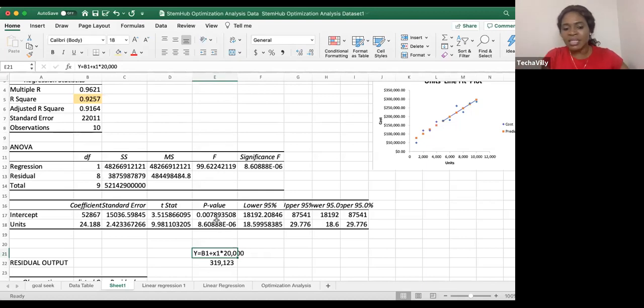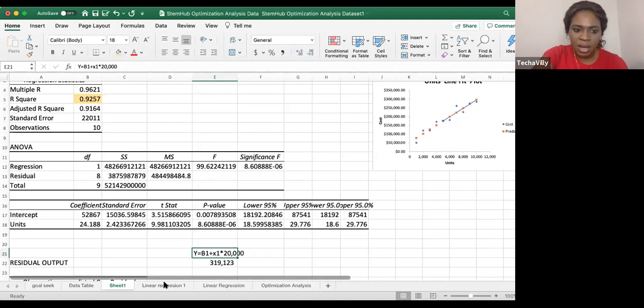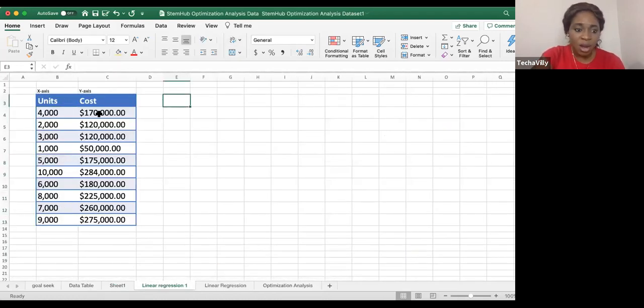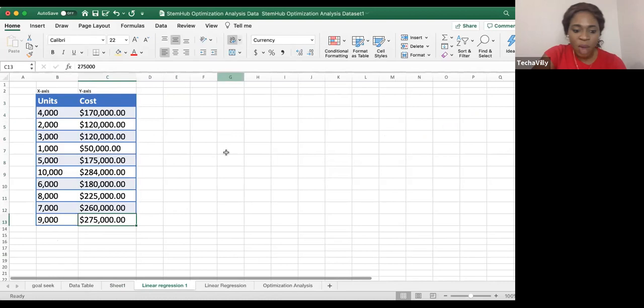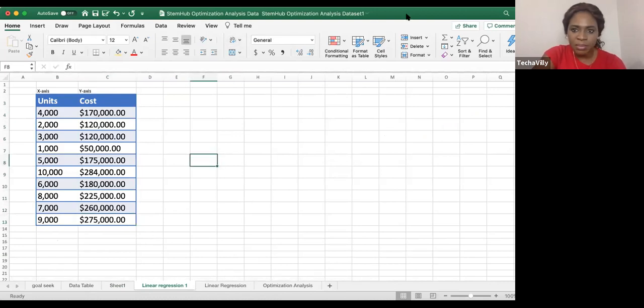How much does it take to make 20,000 units of my product? If we go back to this data, this is the cost to produce this unit. So the cost to produce 9,000 is this. So they now said, how much do I need to produce 20,000 units of my product? Which is why we are solving that problem.